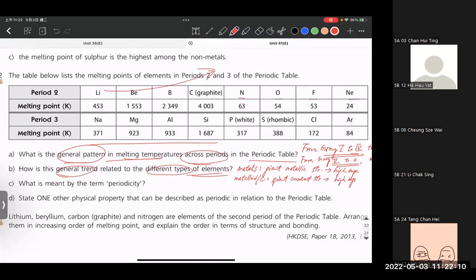Finally, the remaining ones are non-metals with simple molecular structure, so they have a relatively low melting point.